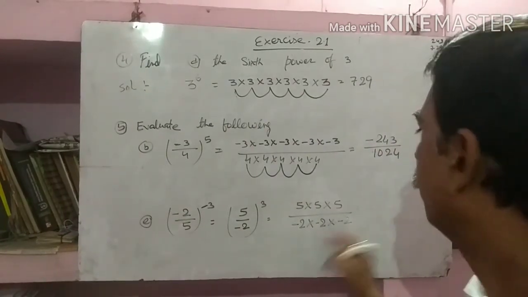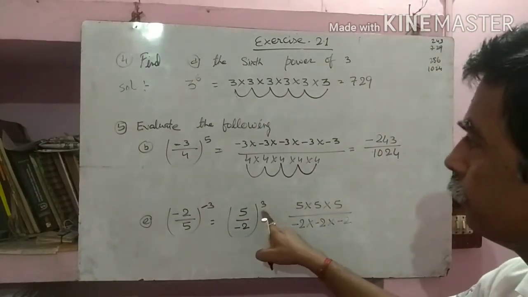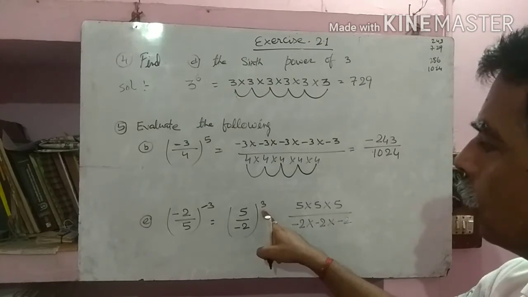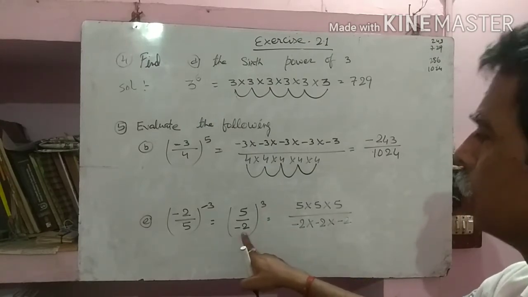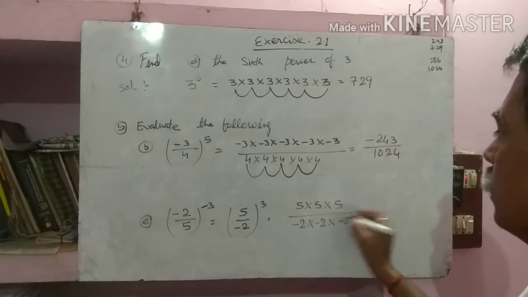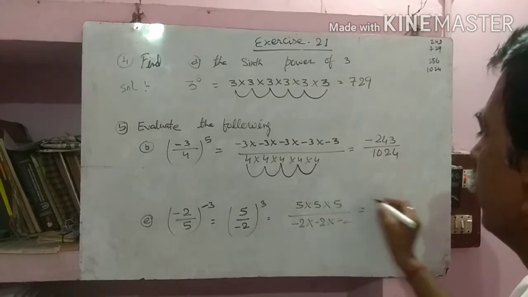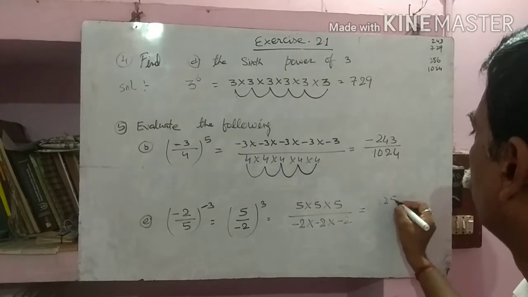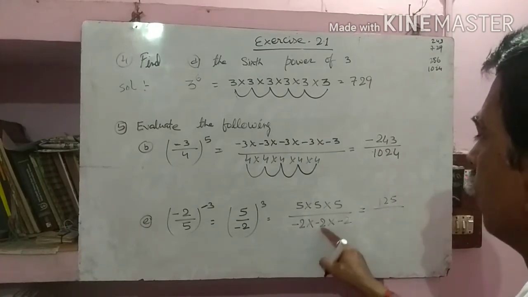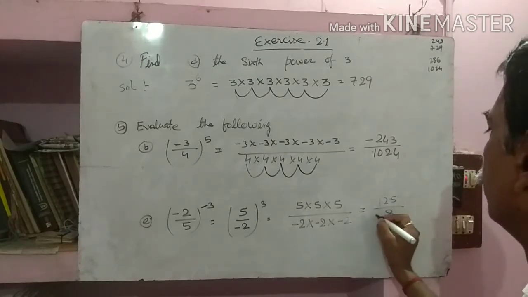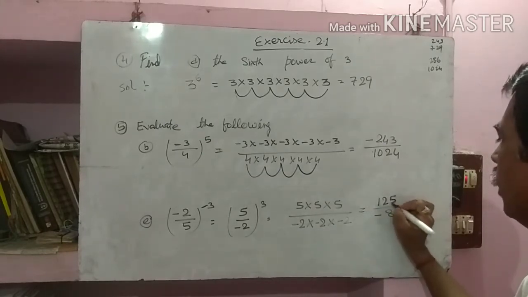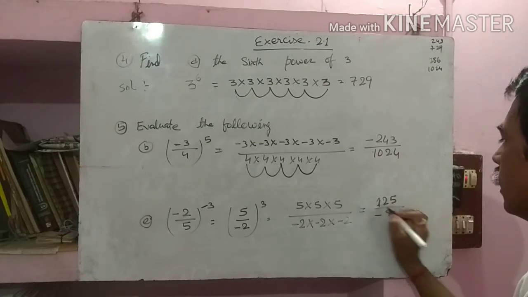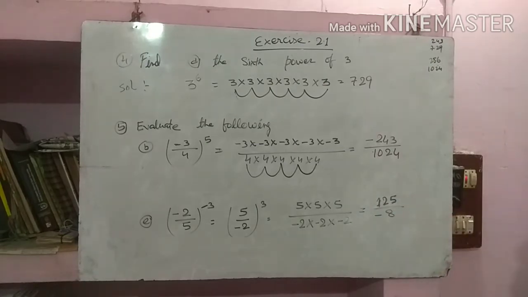So the power is an odd number on any negative value, the result will be negative. So this is 5 5s are 25, 25 5s are 125, by 2 2s are 4, 4 2s are 8, which is in minus. Means 125 by minus 8. Okay.